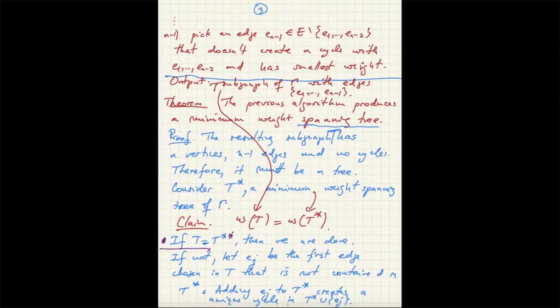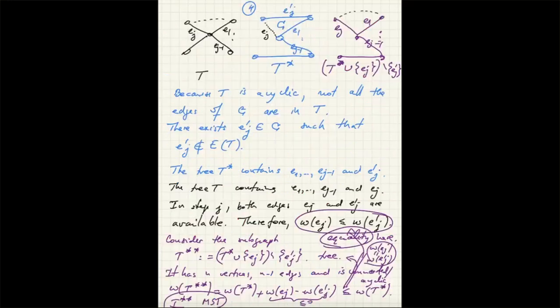Otherwise, the first edge chosen in T that's not in T star star is going to be a later edge, and we can repeat the argument. At the end, we can show that the weight of T is the same as the weight of T star star star, which will be the weight of a minimum weight spanning tree. Okay.